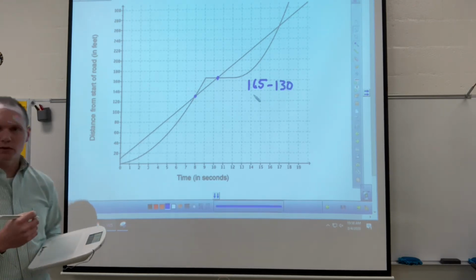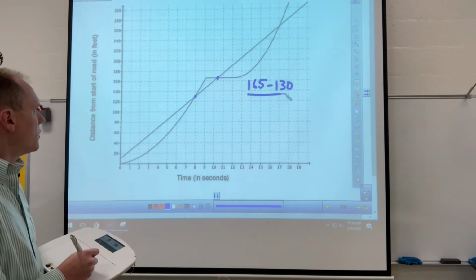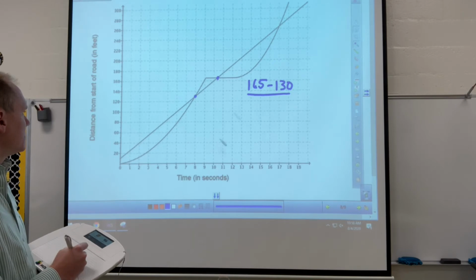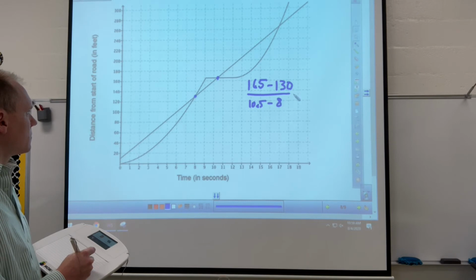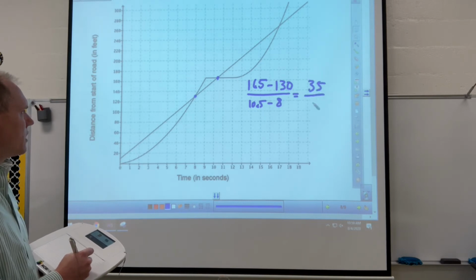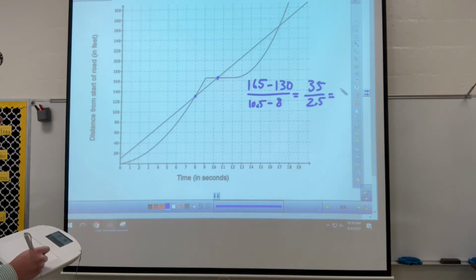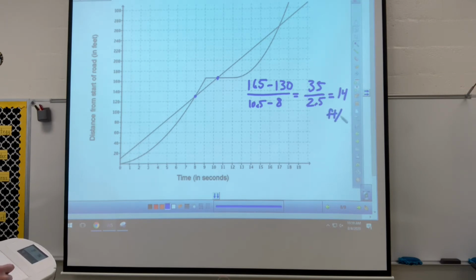We don't have values for these necessarily, but approximately 130 divided by the change in time, which was 10.5 minus 8. So that's 35 divided by 2.5. So 35 divided by 2.5 is 14. So 14, it's in feet, so feet per second is what we're talking about here.